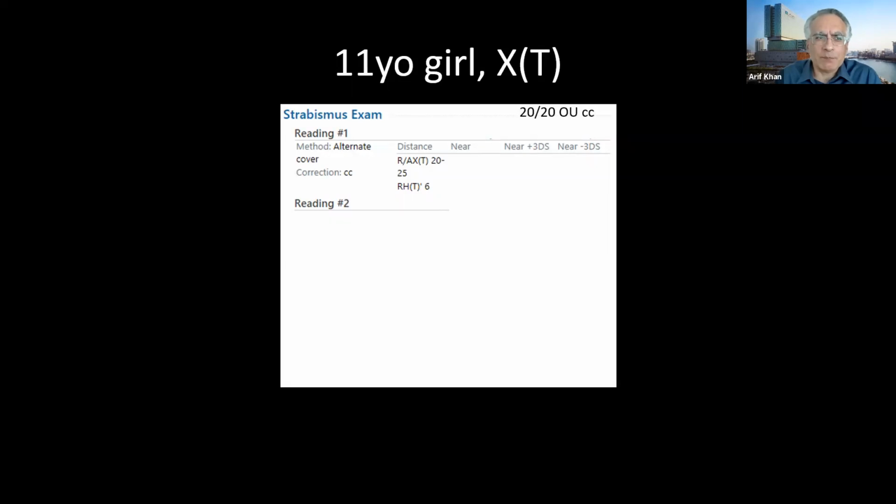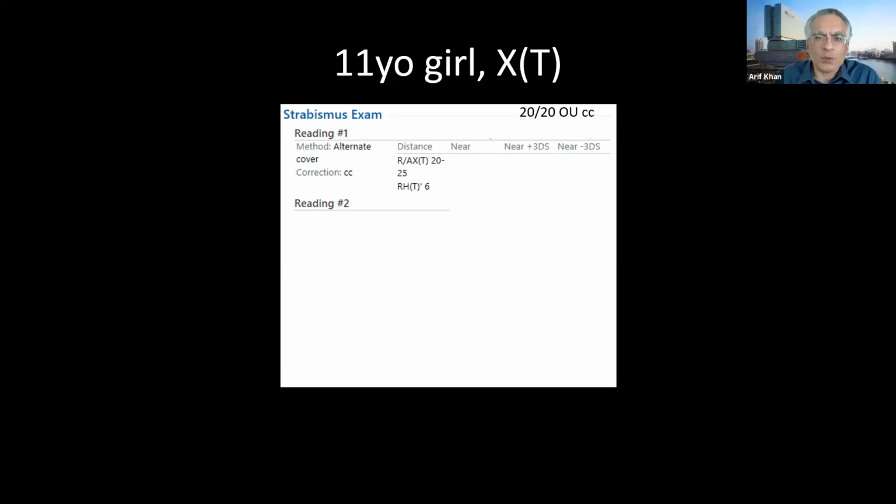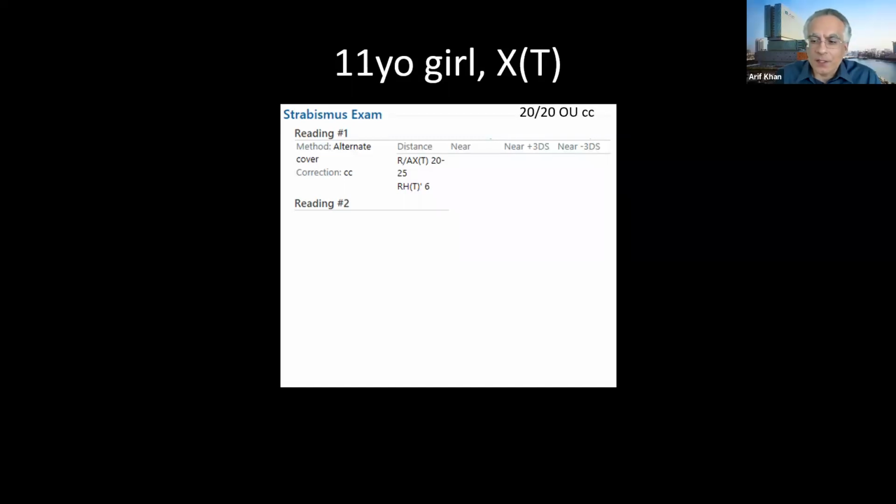But in most people with esotropia, if there's a difference between distance and near, the near is more. In intermittent exotropia, in general, if there's a difference, which is more, the distance or the near? The distance is more. Absolutely. It's usually the distance is more. So when we do a more complete exam on this child, actually the near is more.